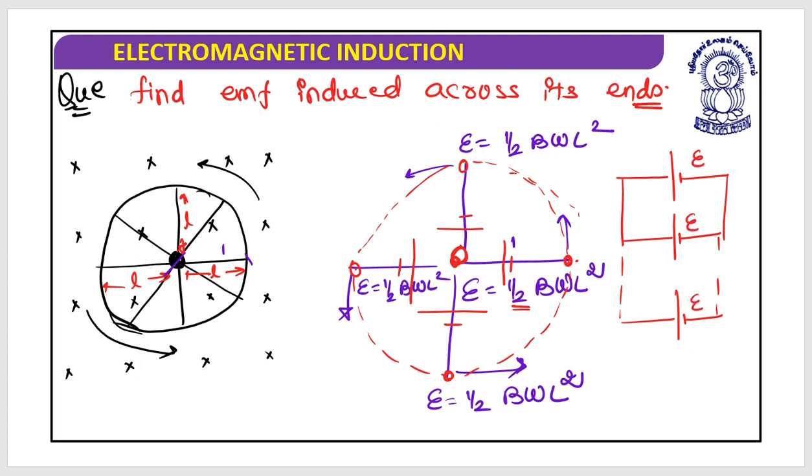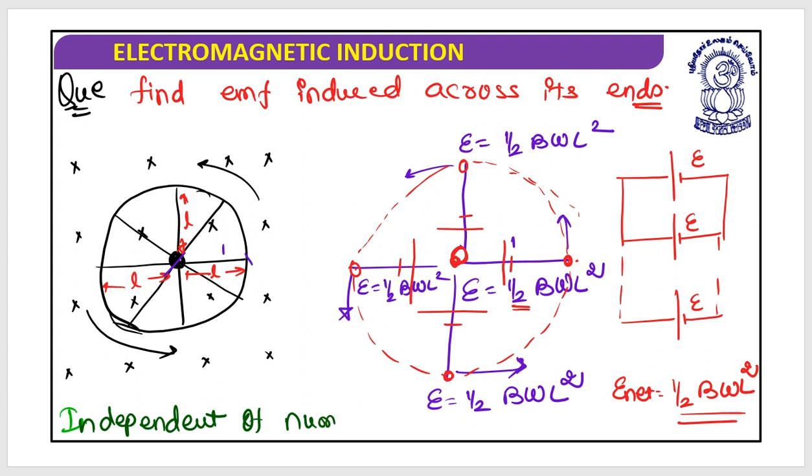Everything is E, so the E net would be equal to half B omega L square. That's it. This is independent of the number of spokes.